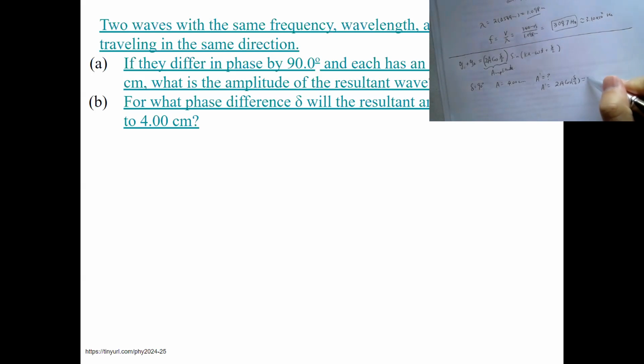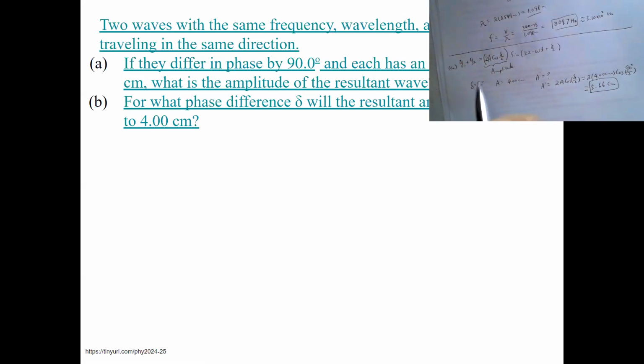This is 2 times 4.00 centimeters times cosine of 90 degrees over 2, so 45 degrees. Then you can plug the numbers into your calculator. It's going to be 5.66 centimeters. That will be the new amplitude.